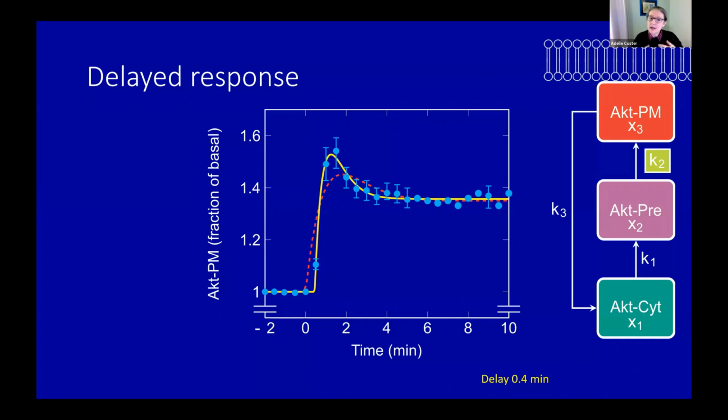So now we've actually discovered something purely by considering the system from a minimal point of view. The data is relatively sparse, although the system is incredibly complex, and most of it's unobservable. But nonetheless, you can still get really interesting things that then say, okay, now I have a constraint. I actually know that all of those signaling events have to take less than 0.4 of a minute in order for this observation of the response of the AKT translocating to occur.